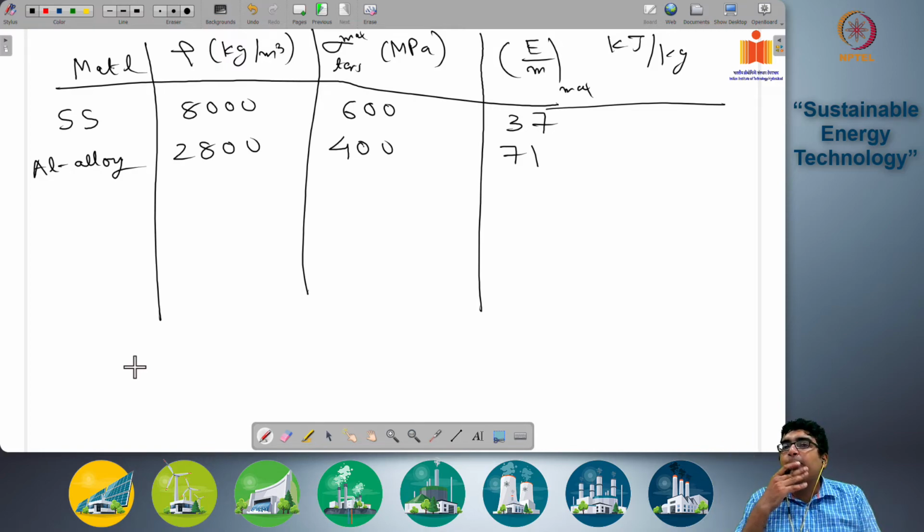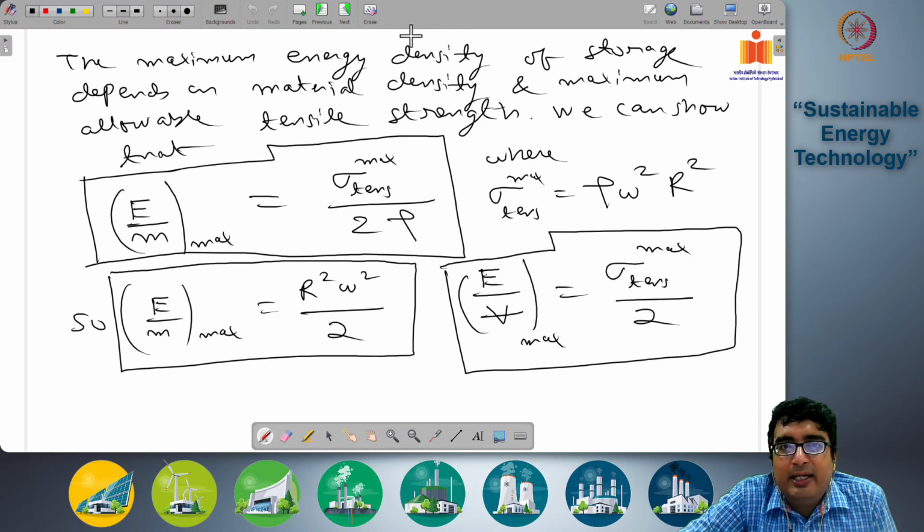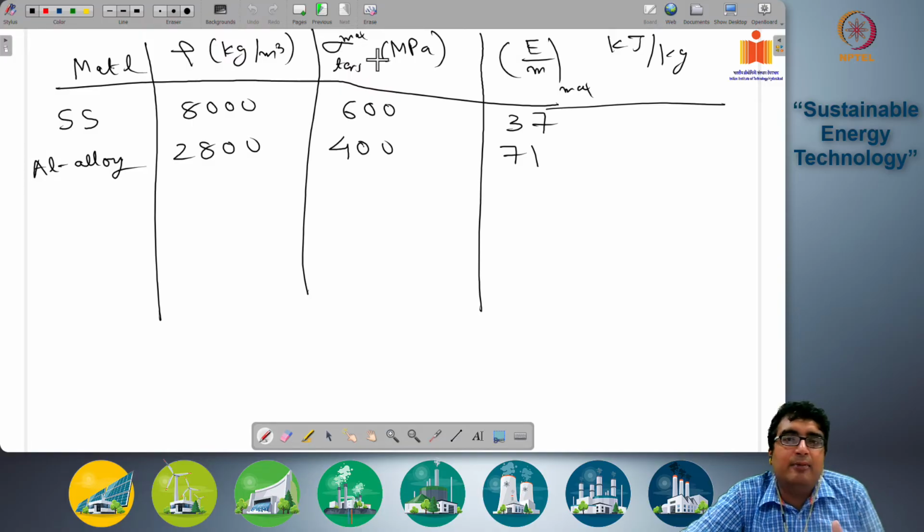Energy storage density. Remember, you can compare this, you can also do this one here, sigma tensile by 2, so this becomes 300 and 200. So the volumetric energy density is basically half of the sigma tensile max.